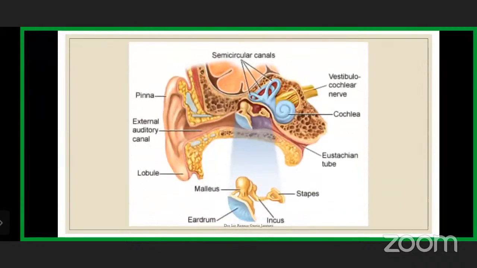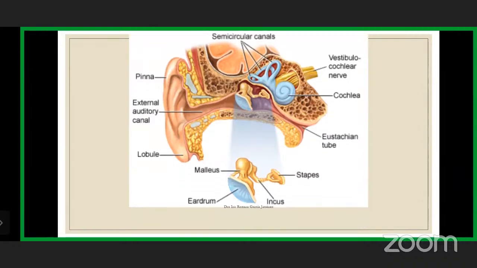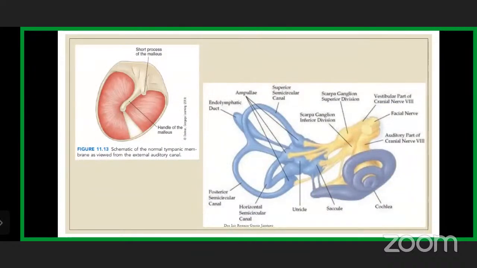And now we have the inner structures in a cross section, with all the details. I think this slide is nice. And we can check the names of the three bones in the ear: malleus, incus, and stapes. It's different from Spanish, of course, but we can do it.